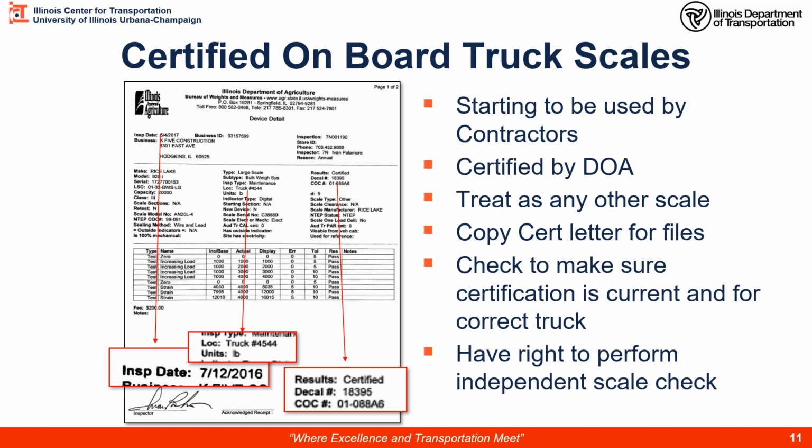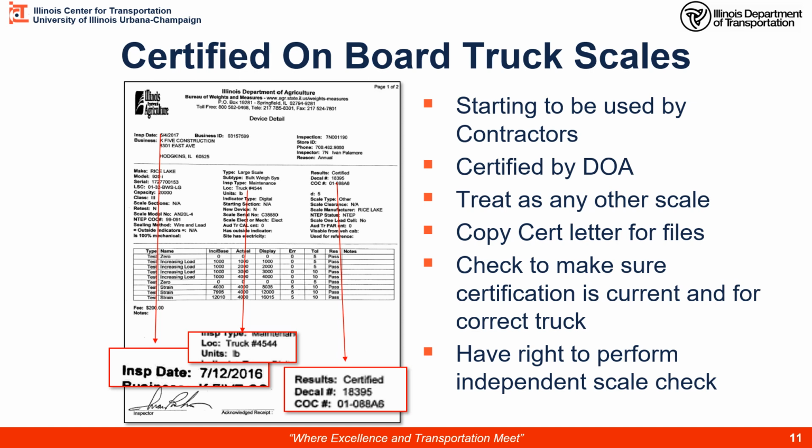It has been certified by the Department of Ag. It does not have a typical scale tag on the truck, but there is a certificate. It takes the place of the certified scale sticker. So treat it as if it's any other scale.